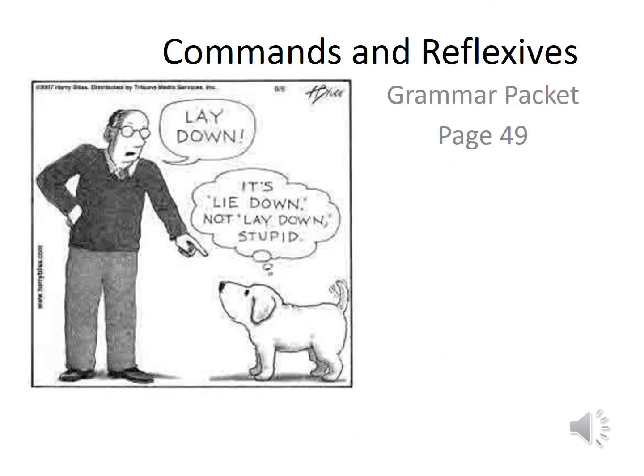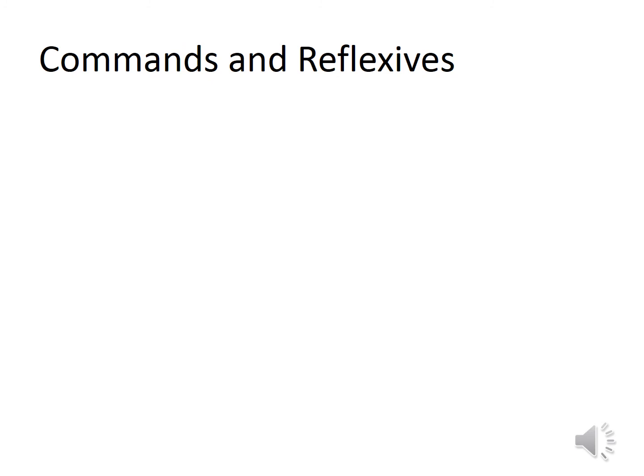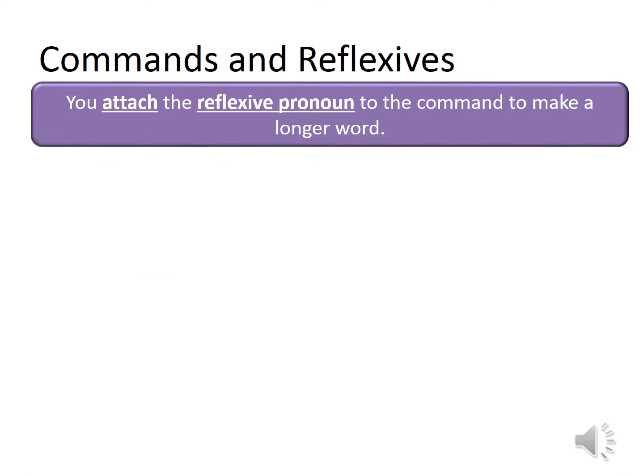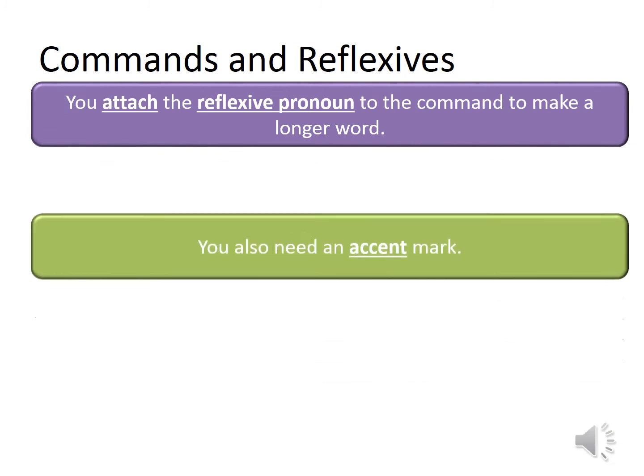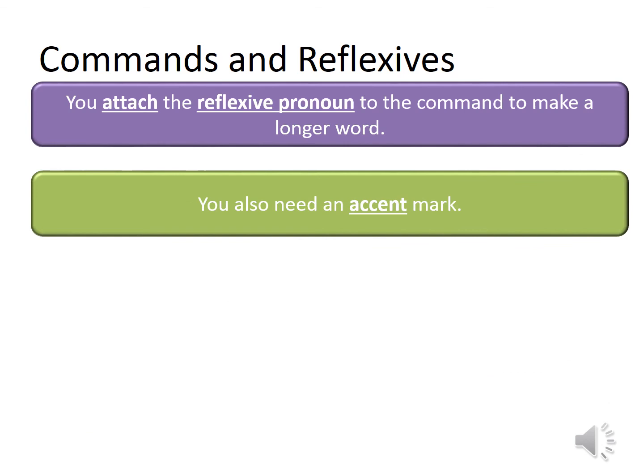This section helps us look at what we do if we're giving a command with a reflexive verb, like dormirse or acostarse or vestirse. We attach the reflexive pronoun to the command to make a longer word. Just like with DOPs, we need an accent mark when we add a reflexive pronoun.